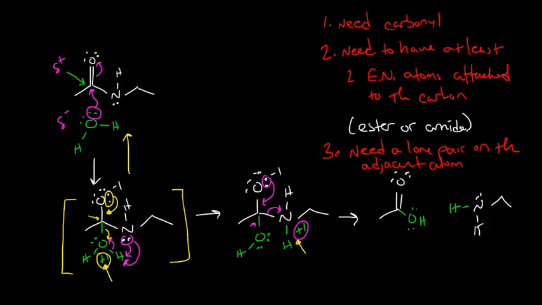So this nitrogen needs to have a lone pair so that this step right here can happen, so that nitrogen can reach out and grab that proton. By doing so, we are moving the positive charge onto that nitrogen, so then when we reform our double bond, in this step right here, we break the correct bond.